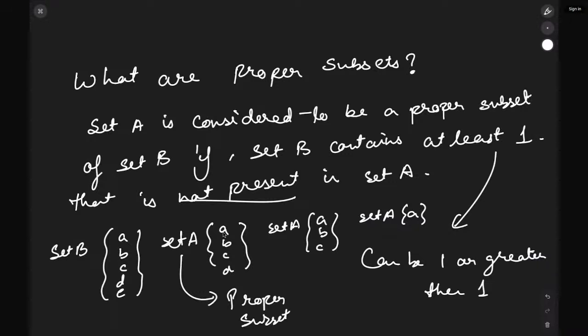Understood? You traverse through the whole set A, and now you traverse through the whole set B. Now you found an element E which is not present in set A but is present in set B. So set A will be the proper subset. Again, set A, A, B, C. There are two elements in set B which are not present in set A. Therefore, set A is also proper, and this set is also a proper subset.